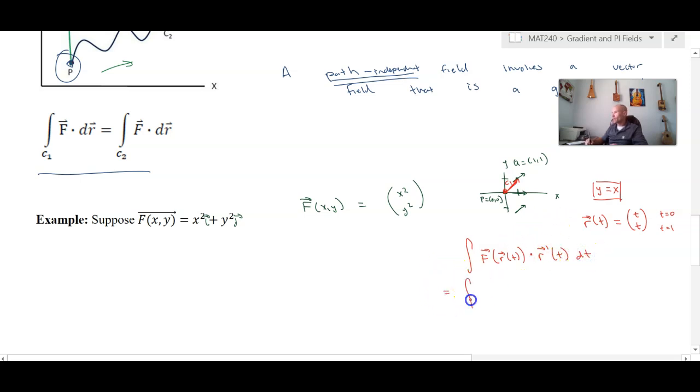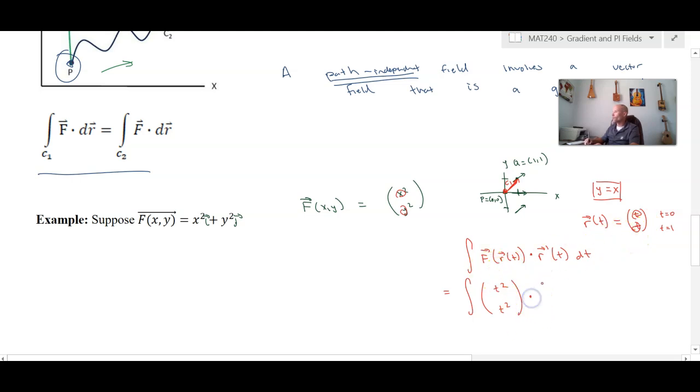So if we take this and replace x with t and y with t, we get t squared and t squared down here as well, since this is the square of x, this is the square of y, x is equal to t, y is equal to t.